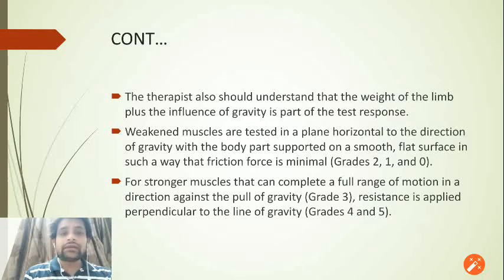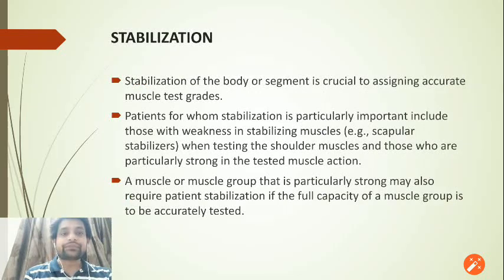On the other hand, for stronger muscles, that means grades 3, 4 and 5, that can complete the full range of motion against the pull of gravity in grade 3, and in grades 4 and 5 the resistance is applied perpendicular to the line of gravity.